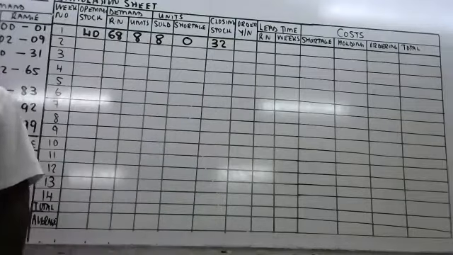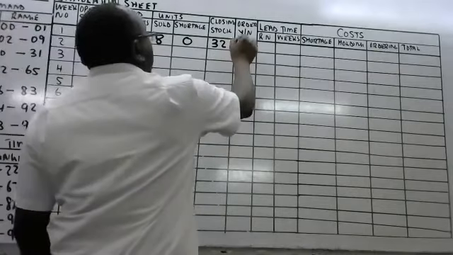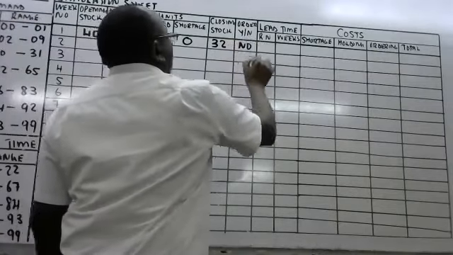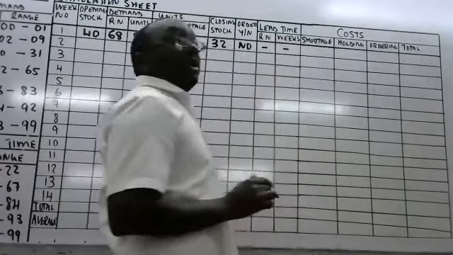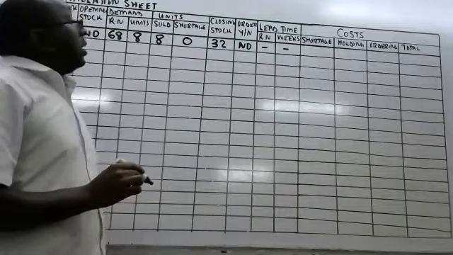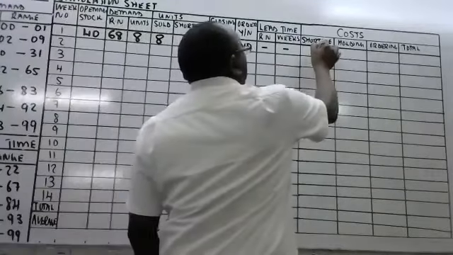No. The order point according to information 1 is set at 30. So we are not yet there, so that means no. And therefore there is nothing in the lead time when you say no. The shortage cost is therefore 0.